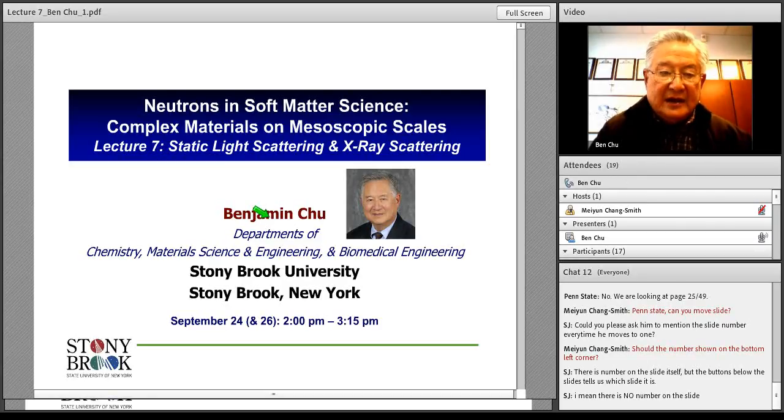And the thing at the end is the static scattering function S of Q, and this S of Q is expressed in Q. Q is what? Reciprocal space, right? S of Q is related in this case to the concentration fluctuations that are expressed here, and that's in real space.